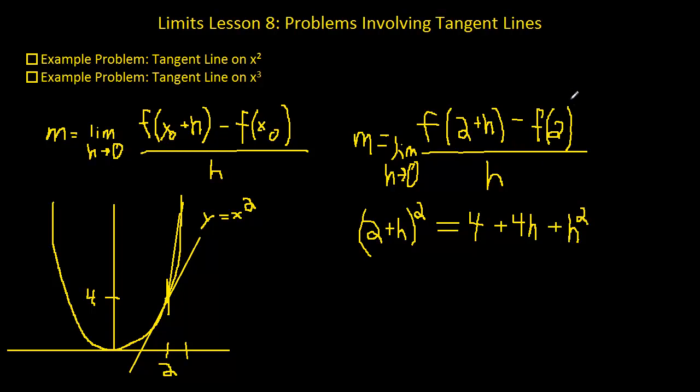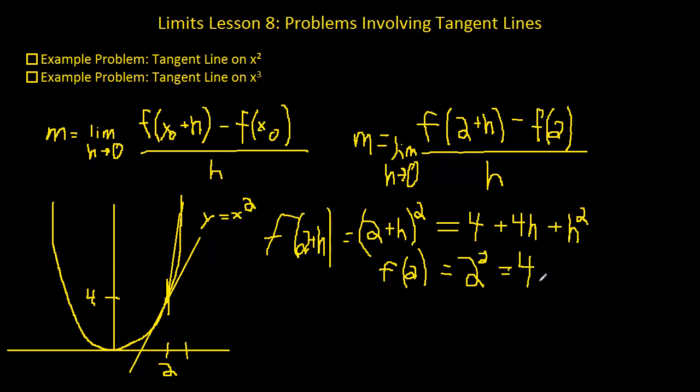And then for the second part, f of 2, we plug that in, and that's just simply 2 squared, which is 4.